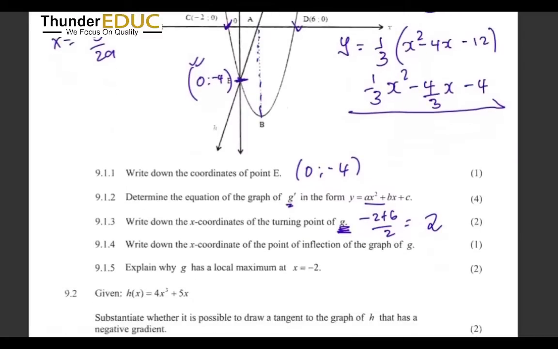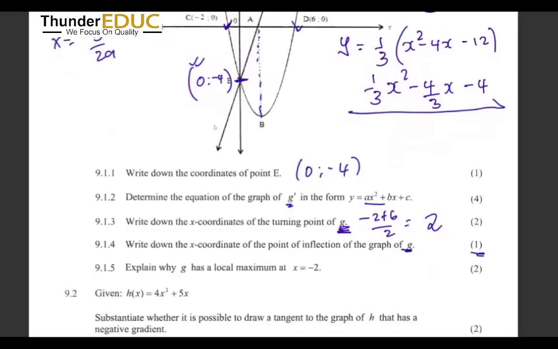Okay, then write down the x-coordinate of the point of inflection. So with the point of inflection, we just need to find the second derivative. But it's a 1-mark question, which means it's straightforward.